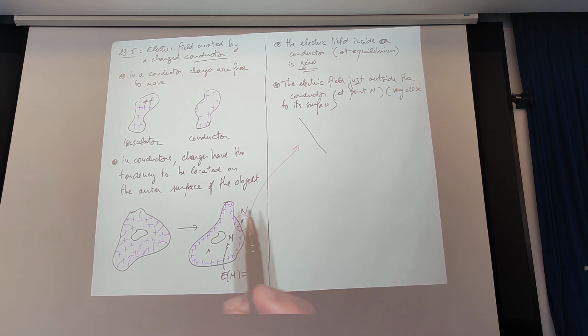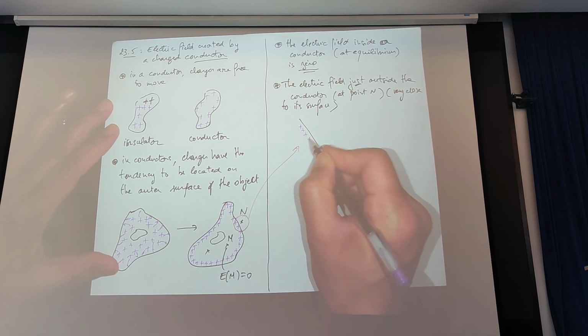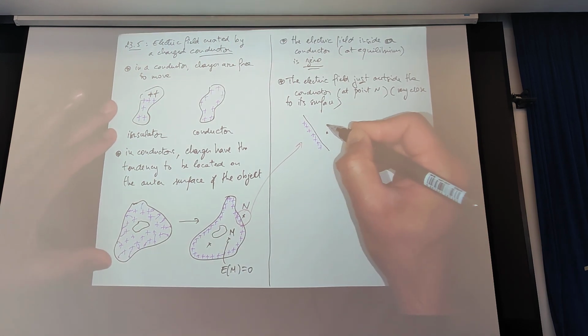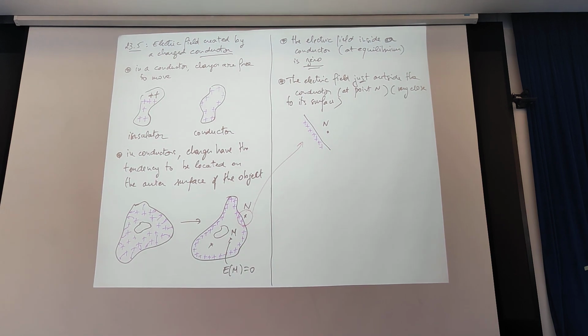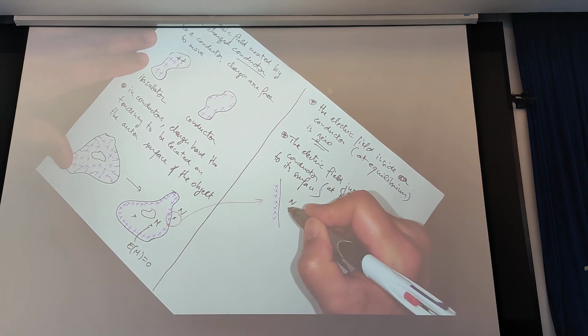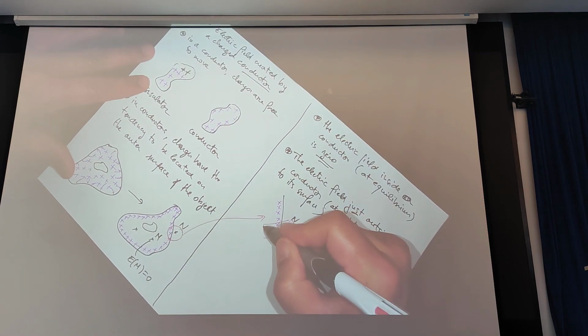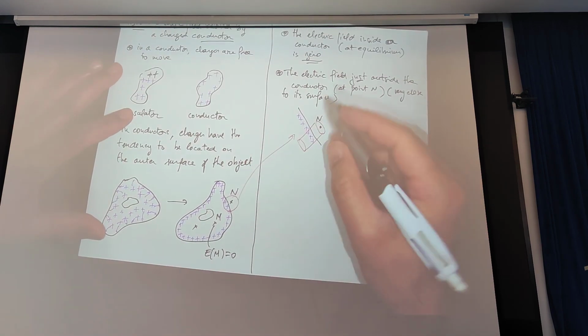Okay, so if we consider this, we have a lot of charge here. And we have the point N here. Are you okay? So now, how are we going to calculate the electric field at this point? We are going to apply again the Gauss law. So we are going to consider again a small cylinder here.